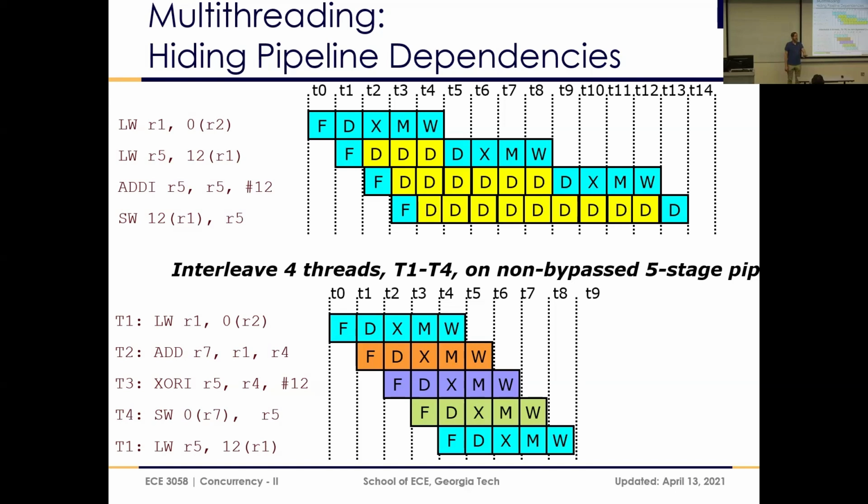What problems does this create? Don't you create more dependencies if you use the same register like R5? Yes, you're getting it, exactly. Your register space. Currently in our pipeline, we map to 1 register space, but that's no longer gonna work.